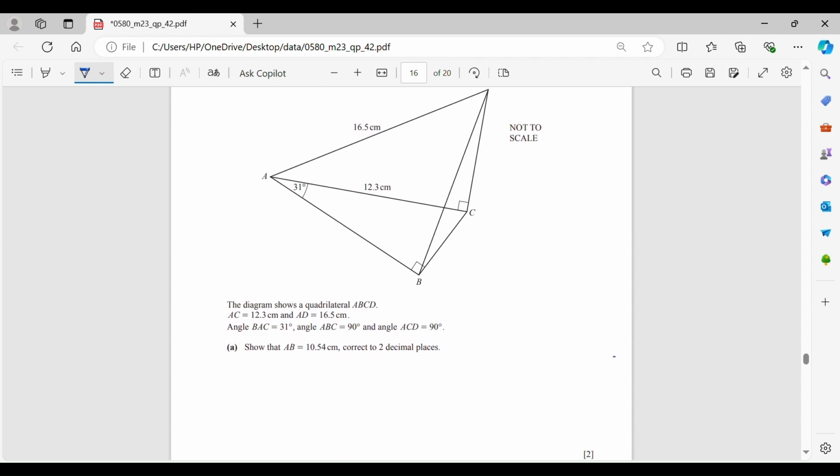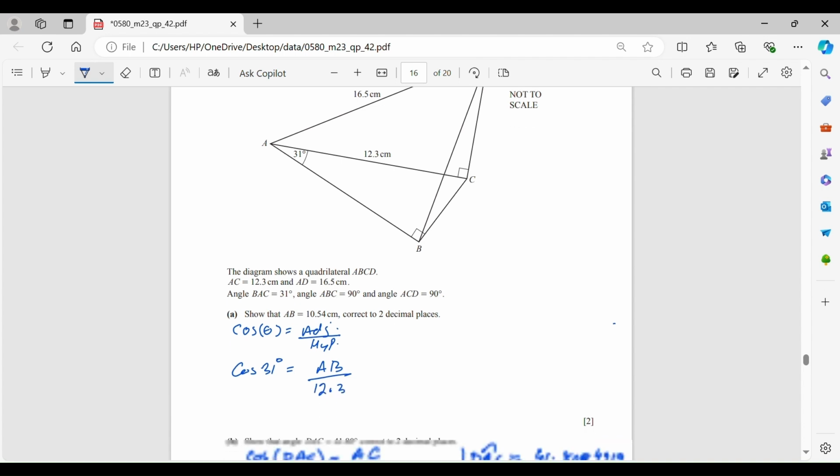So triangle ABC is right angle triangle. So we can use the trigonometric ratio. For this, cos theta is equal to adjacent over hypotenuse, right? So cos 31 degree will be equal to adjacent is AB, AB over hypotenuse is 12.3.